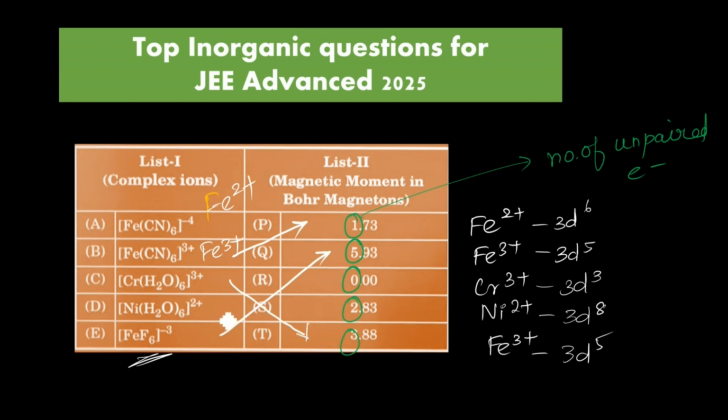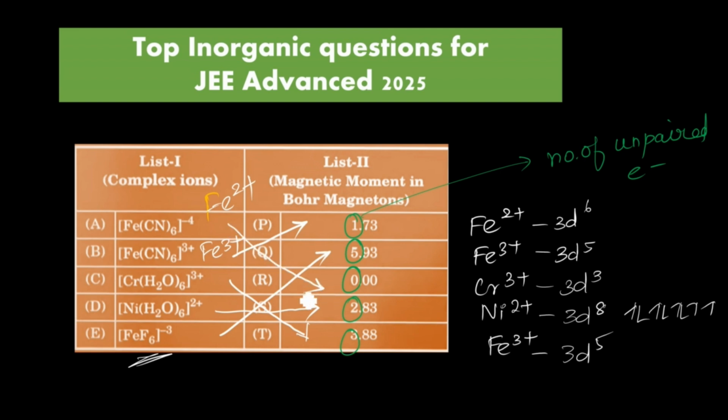And nickel aqua complex 3d8, so 3d8 means how many unpaired electrons? 1 2 3 4 5 6 7 8, 2 unpaired electrons, so this 2 goes here, and what we are left with, the first one that can undergo para, 3d6, the remaining I don't have any, which means 0.